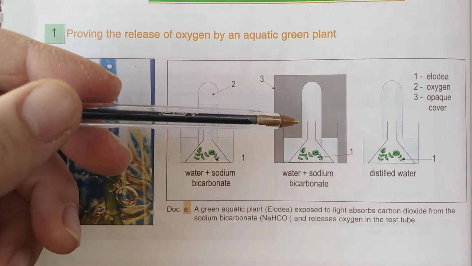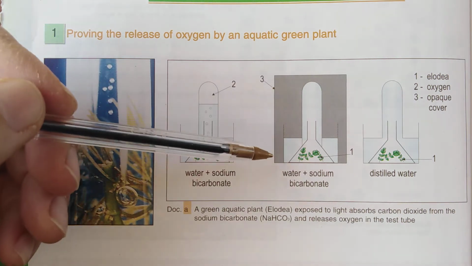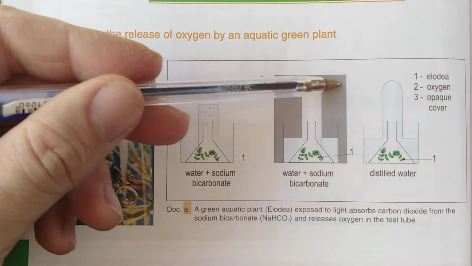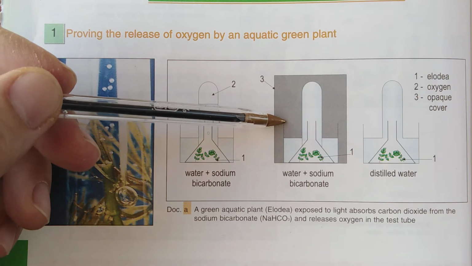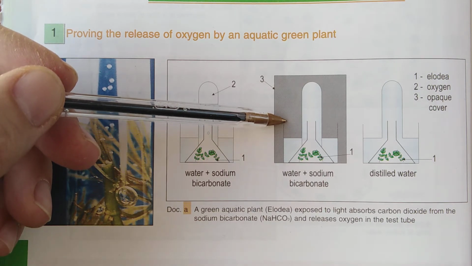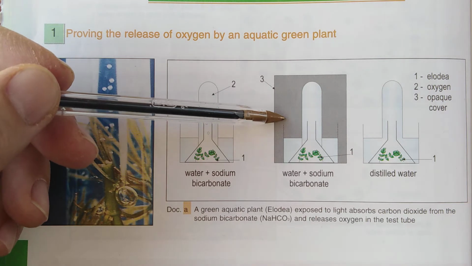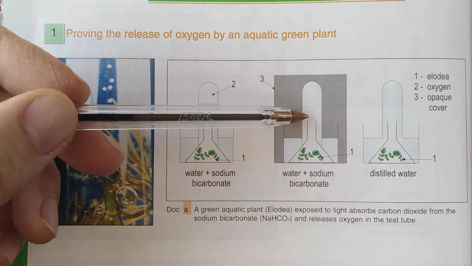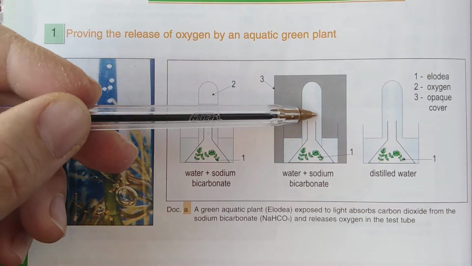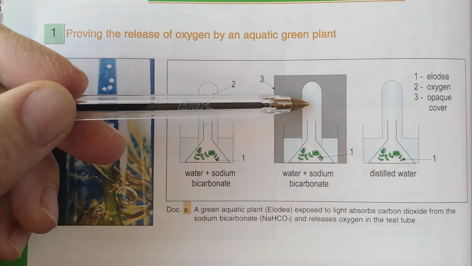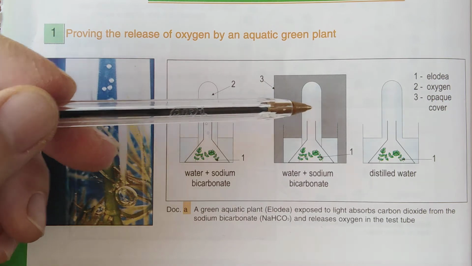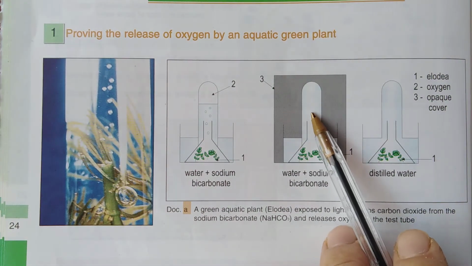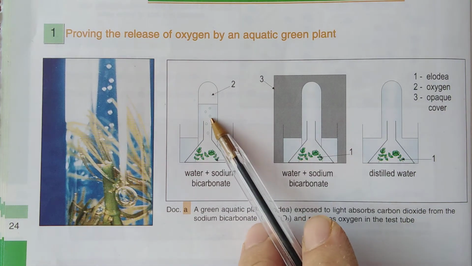In parallel, we use the same setup but in an opaque box which provides darkness and prevents exposure to sunlight. What do you see in the inverted test tube? Is there any oxygen gas? No. There are no bubbles, like the control one.